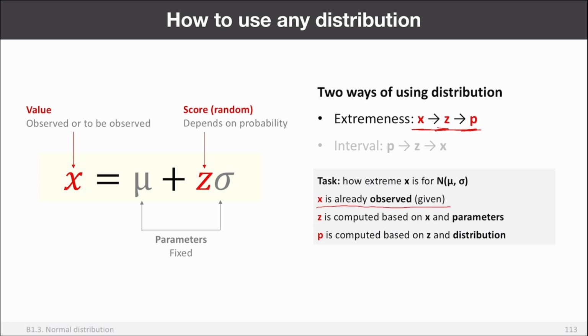Then the z-score is computed based on x and parameters, and of course you either know the parameters of the population or you can estimate these parameters by computing sample statistics. For example, if we talk about normal distribution, you can compute the average of x and the standard deviation of x, and use them as estimates for population parameters. And then you compute the probability based on the z-score and the particular theoretical distribution. So this is the procedure.